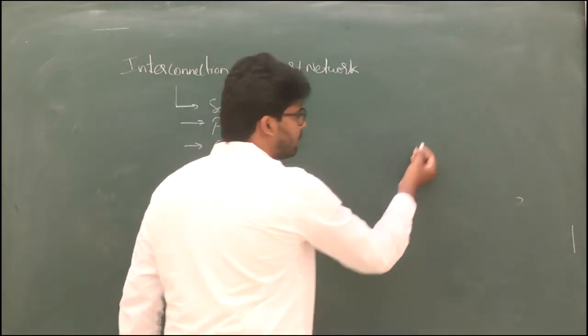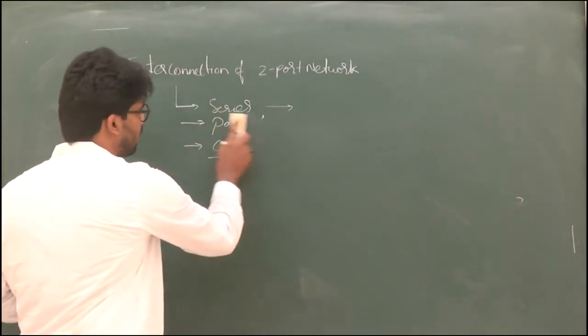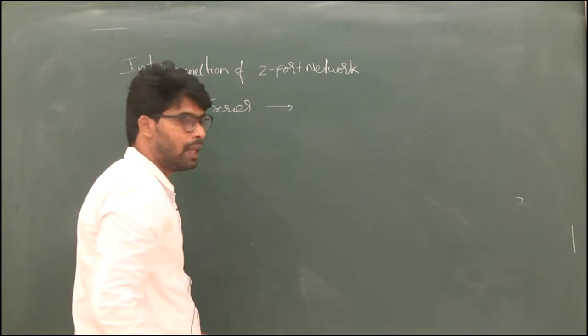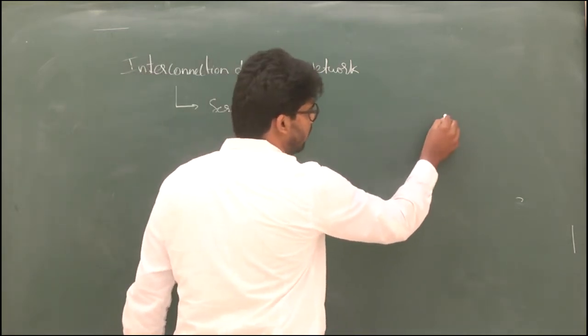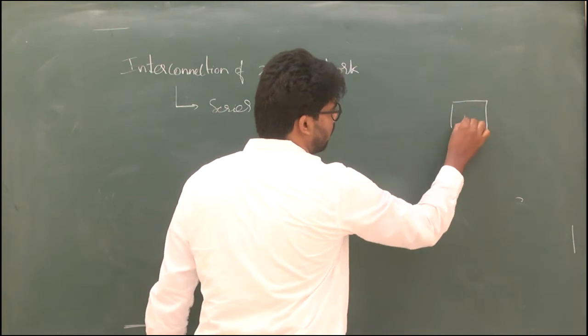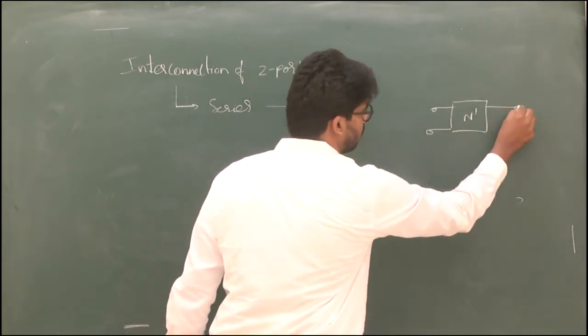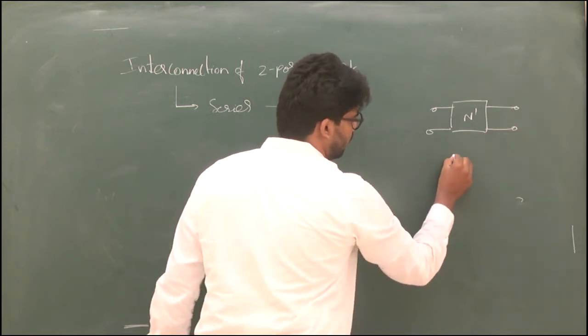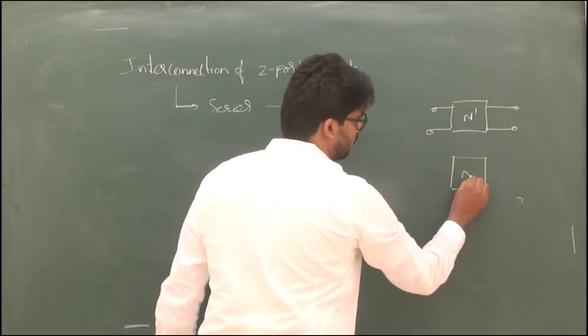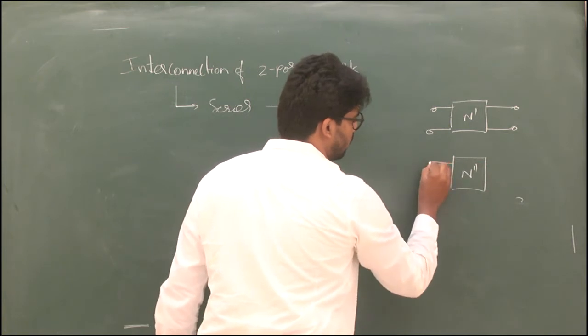So for that reason, to explain the series connection of two-port networks, I am taking two networks. Let us say this is network N1 having two ports, and again I am having another network N double dash having another two ports.